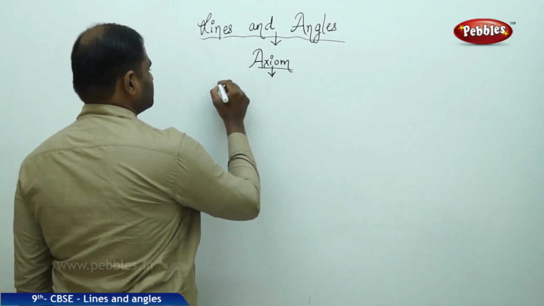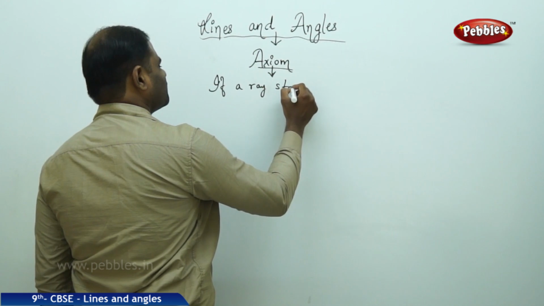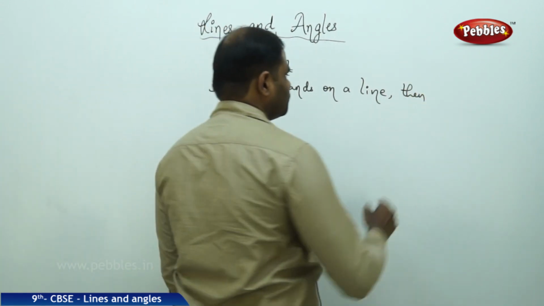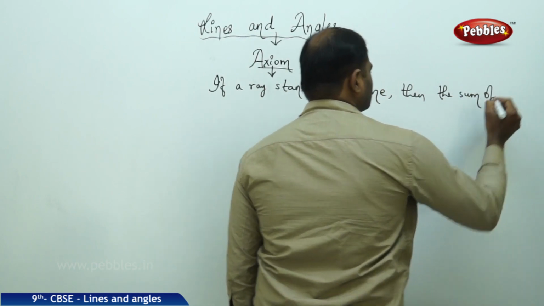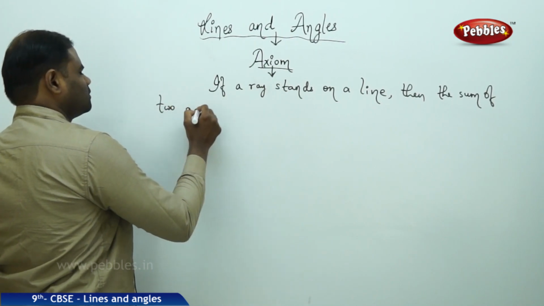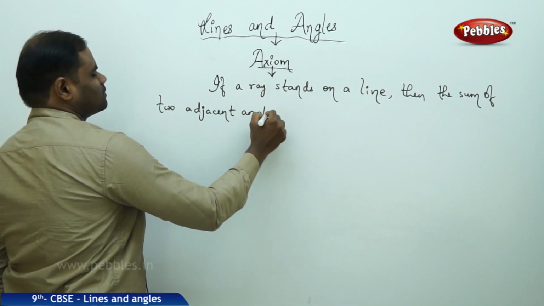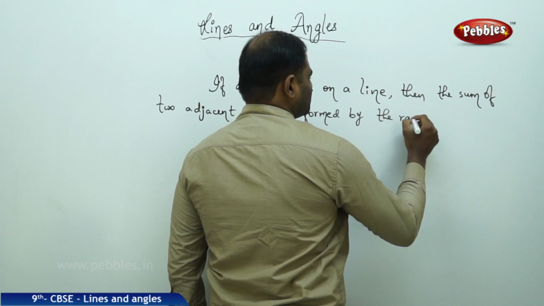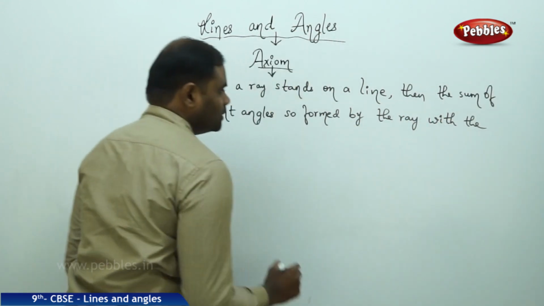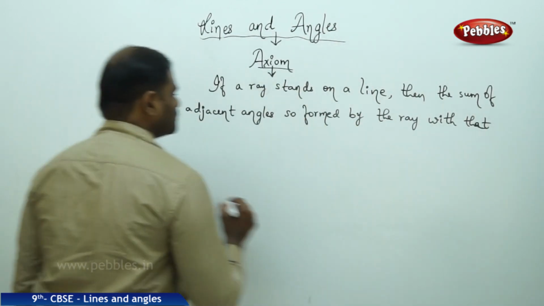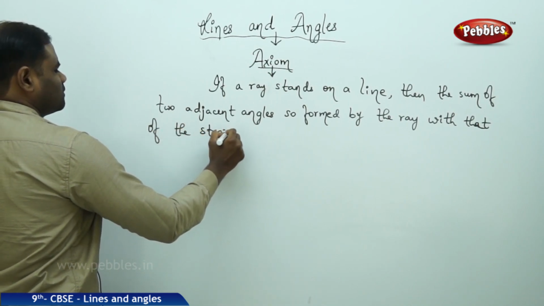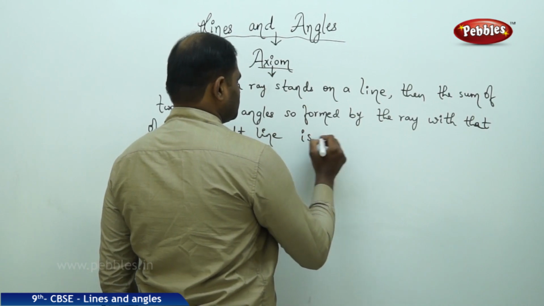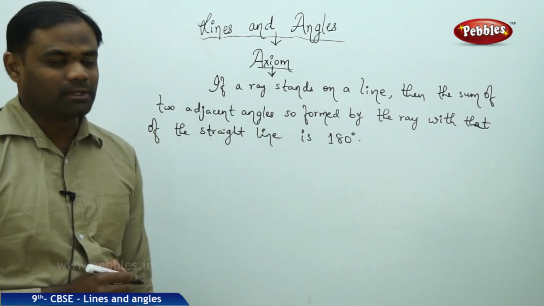Now here an axiom says, if a ray stands on a line, then the sum of two adjacent angles so formed by the ray with that of the straight line is 180 degrees, is how the property or the axiom says.